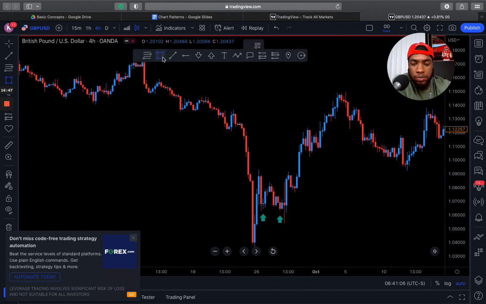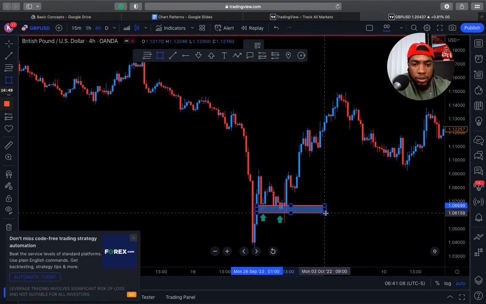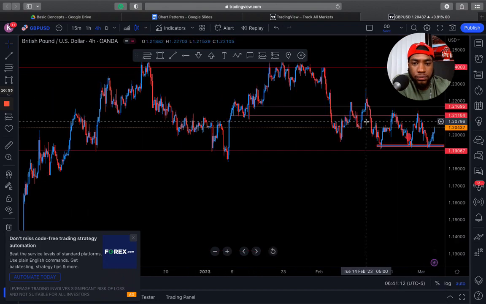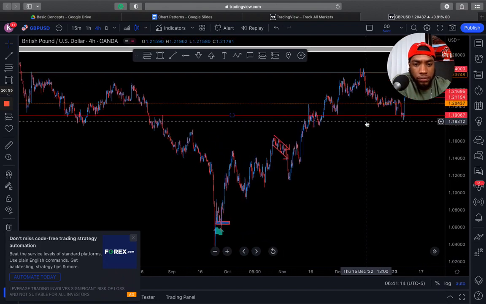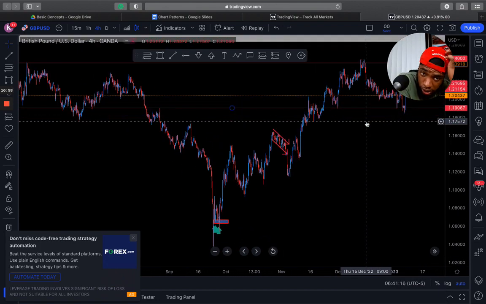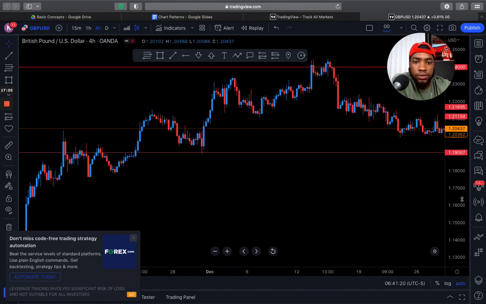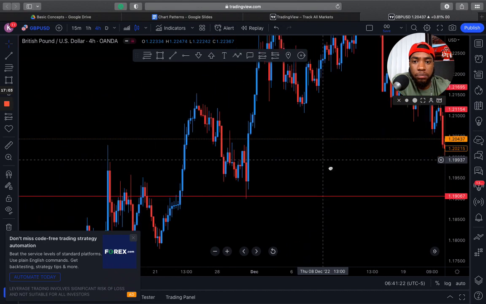We see it's just playing right in between this resistance zone. Let's see what else we have. Another channel here before we had a bullish breakout.